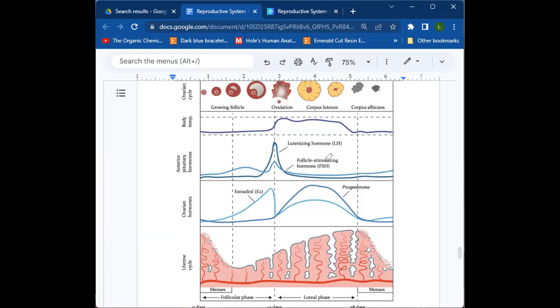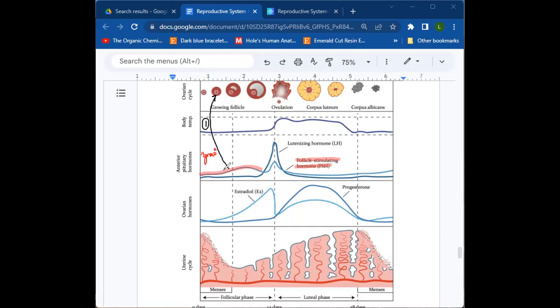Okay, so if we look at follicle stimulating hormone, when the follicle stimulating hormone is being released, that's going to the ovarian follicle. And its message to the ovarian follicle is grow and get bigger.